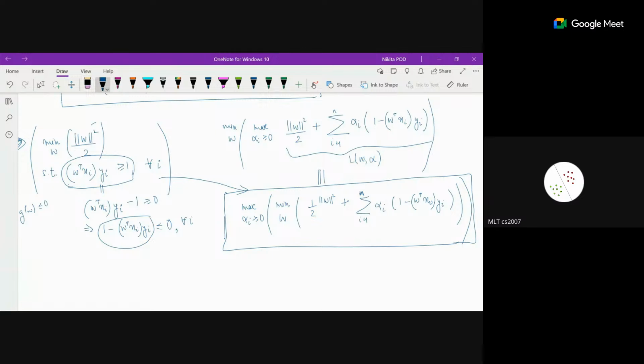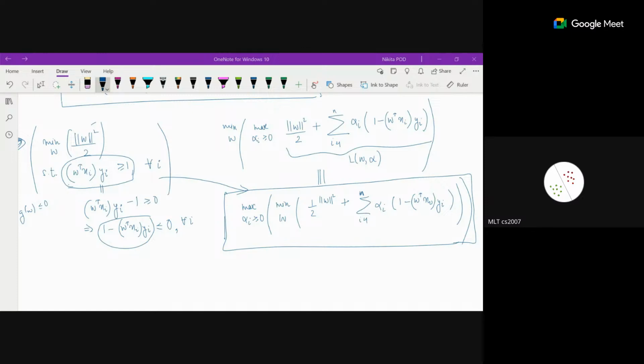Initially, we had considered norm of W equal to 1. And from there, how did we arrive at gamma greater than or equal to 1? We didn't start with that.